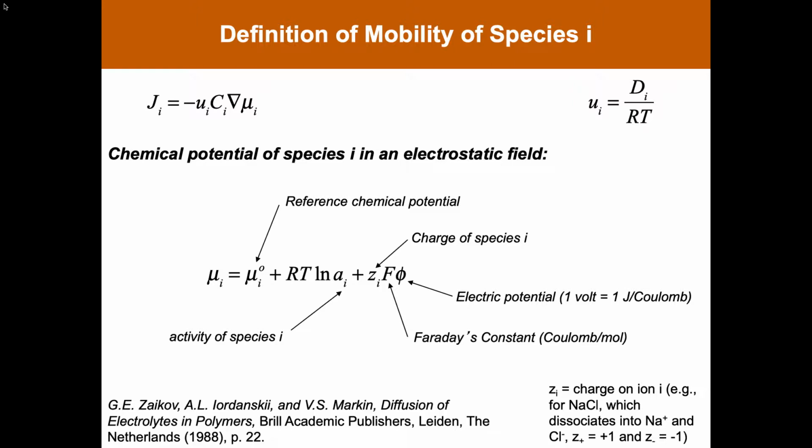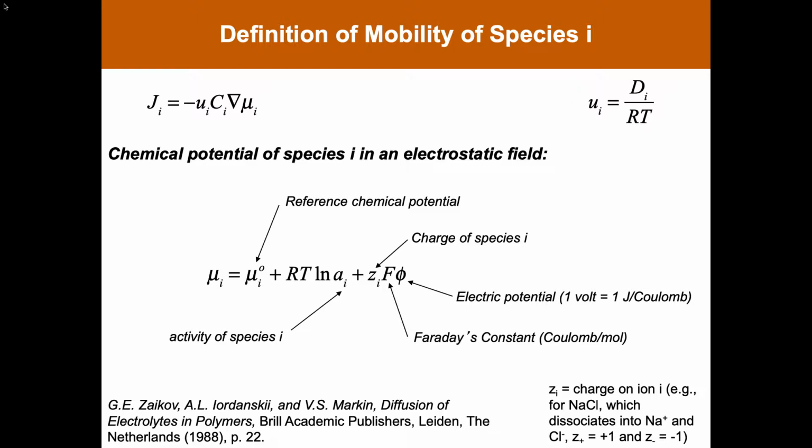The chemical potential is written in the usual way, except if a component is charged or can respond to an electrostatic field, to an electric potential, we have an additional term that tells how many joules of energy are contributed to the chemical potential as a result of a field acting on a charge of z sub i.